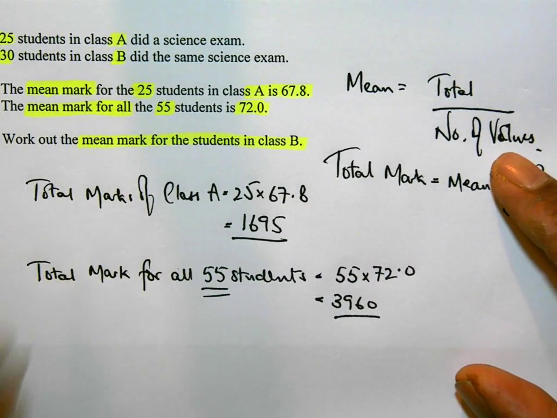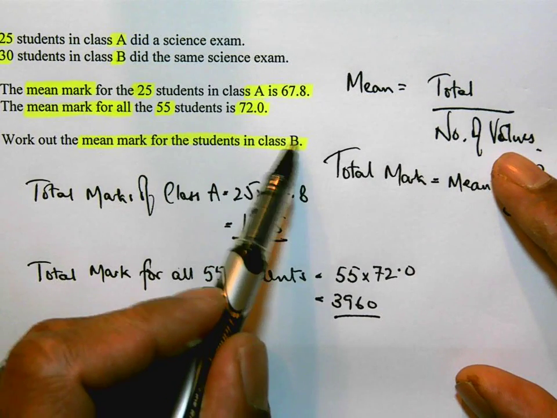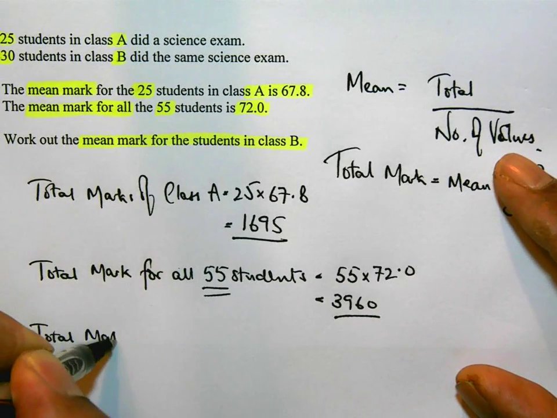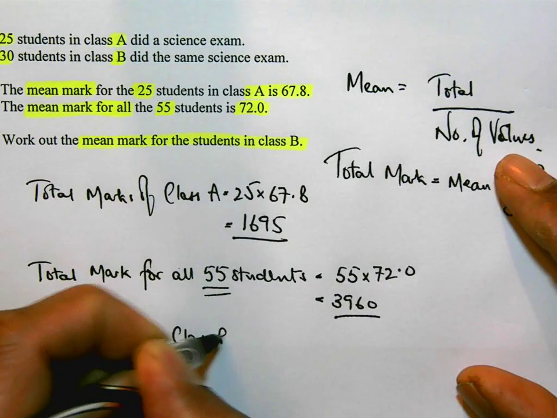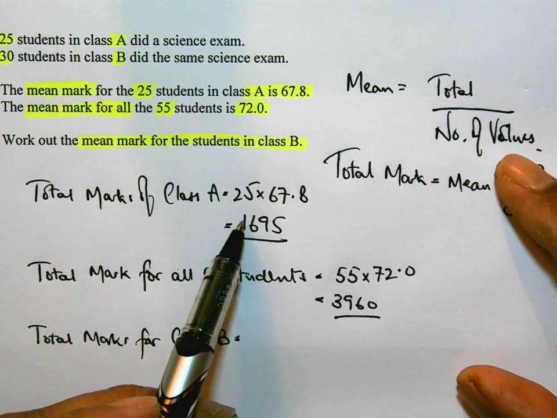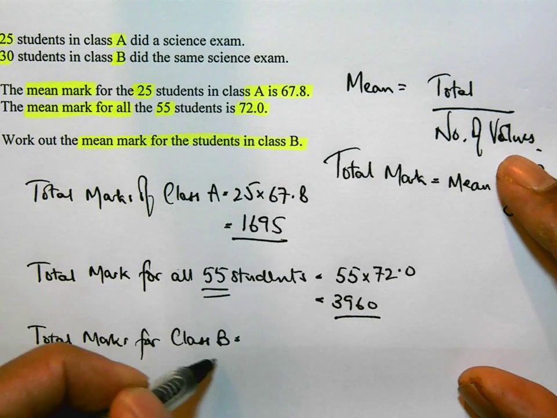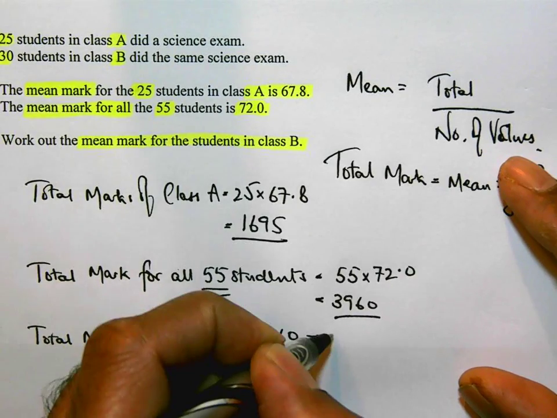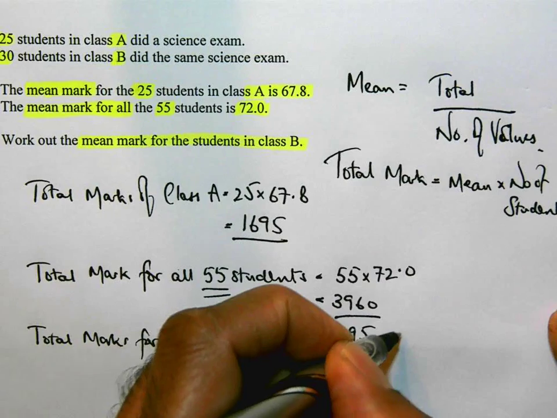The question says work out the mean for the students in class B. So I need to work out the total. So the total marks for class B. I know the total marks for class A. I know the total marks for class A and B. The total marks for class B is going to be 3,960 take away 1,695.